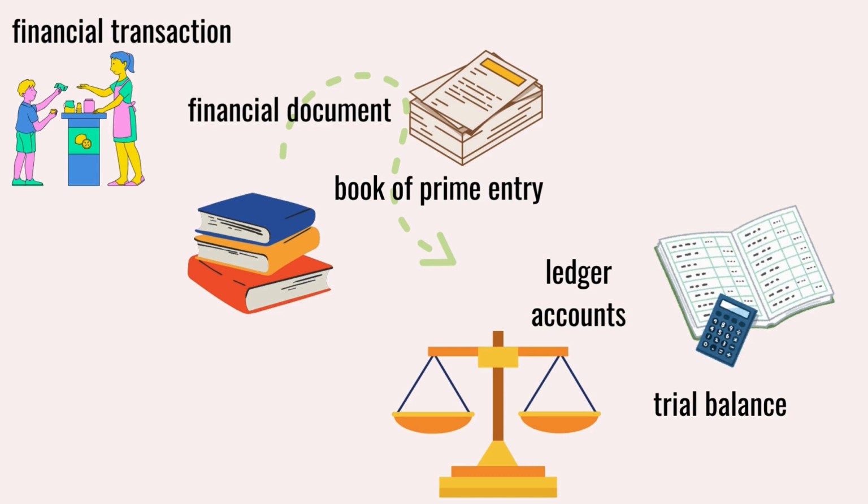And then this is advanced into the later stage of the bookkeeping system, which is the ledger accounts. As it's transferred to the ledger accounts, it uses something more advanced called the double entry bookkeeping system. So the books of prime entry don't use double entry bookkeeping, but the ledger accounts do.